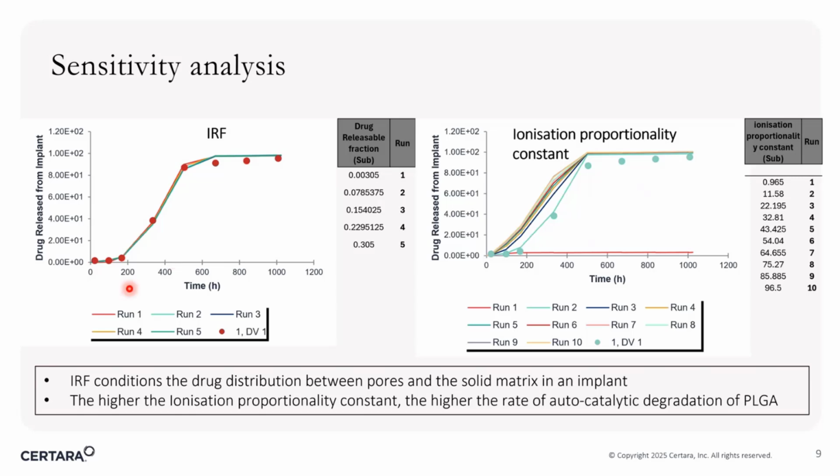For hydrophilic drugs, when there is a change in initial releasable fraction, which means you distribute more into the pores, if the system is wetted quickly, then you can expect a faster release of drug because of this wetting process and subsequent drug release. That observation is correct.